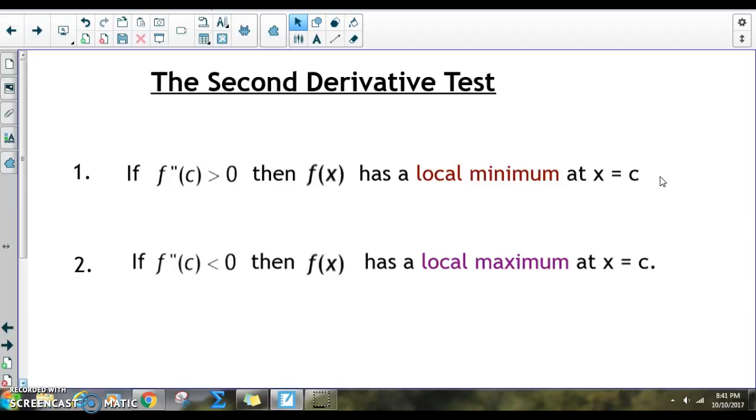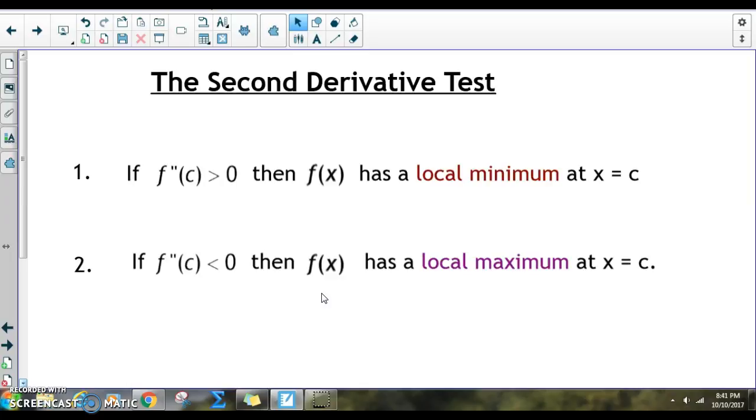So here are the two basic pieces to it. In order to apply the second derivative test, you have to have the first and second derivative exist. If the second derivative is greater than 0, then we say that we have a local minimum at x equals c. And if the second derivative is less than 0, then we know we have a local maximum at x equals c.